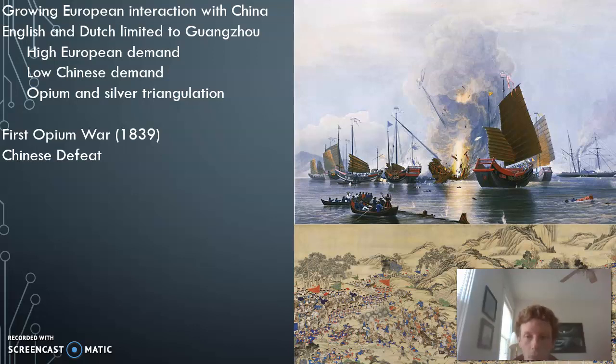They get comprehensively defeated, and the British force the Chinese to agree to the Treaty of Nanjing, which gives the British access to more Chinese ports. Previously they had been limited to the port of Guangzhou. Now the Chinese, by this defeat, have been forced to open new ports to European trade and the selling of opium in China.